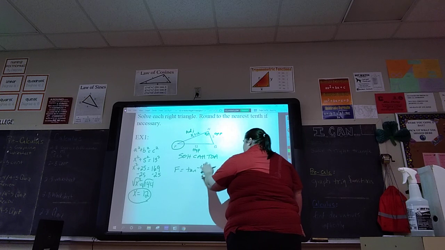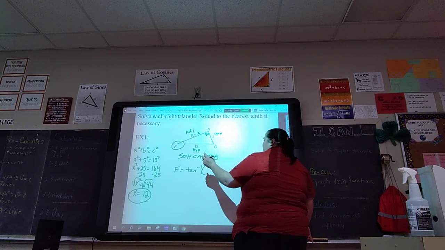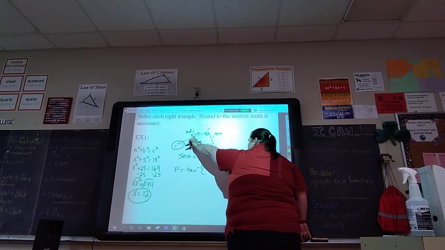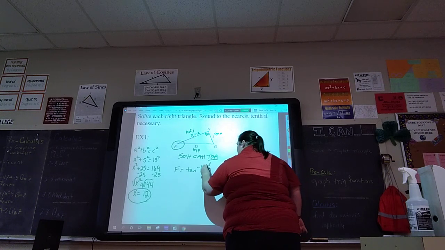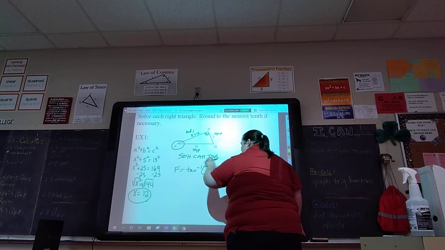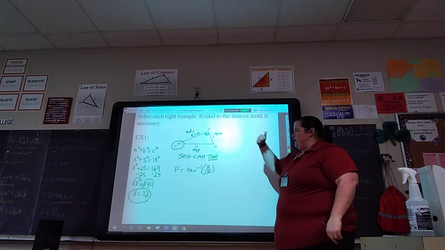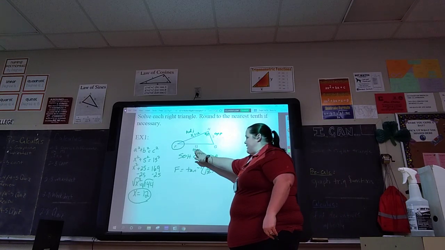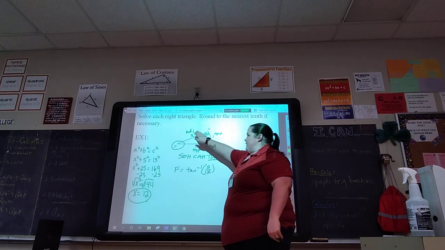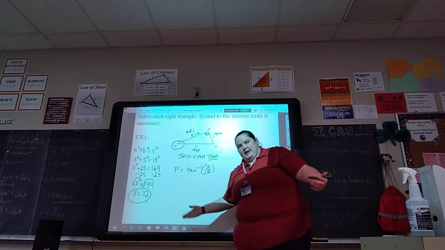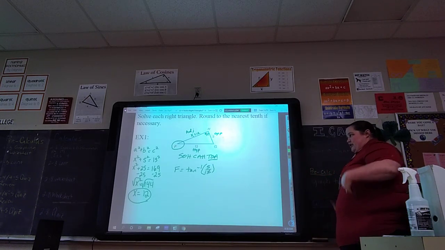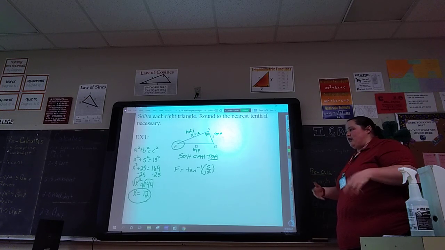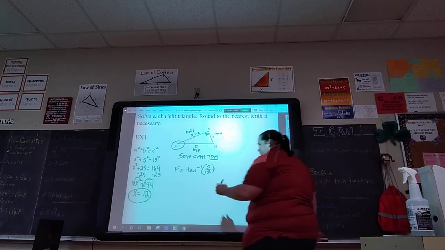And since we picked tangent, we're going to use the opposite and adjacent, so the 5 and the 12. But know that you could have picked any one of the other two because we knew the hypotenuse. We could have picked sine because we have opposite and hypotenuse. We could have picked cosine because we have adjacent and hypotenuse. Or we could have picked tangent. So like I said, once you know all three sides, to find an angle, you get a little bit of choice.